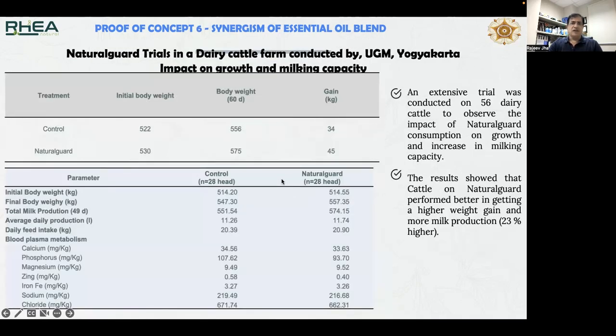Second trial is dairy cattle, which showed that the dairy cattle perform better in higher milk yield production. Even we see the level of different elements are higher.